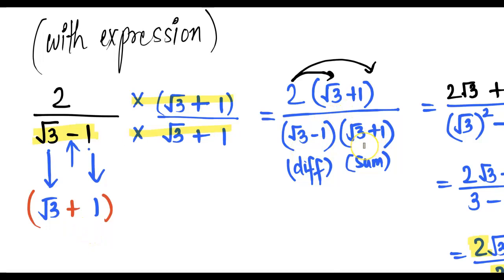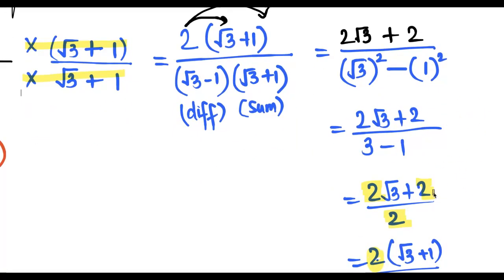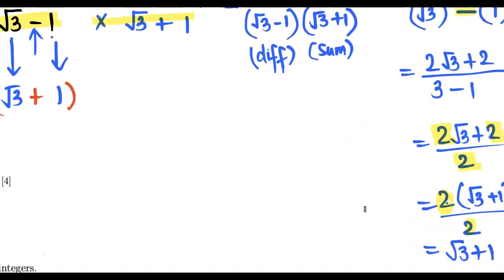At the bottom, you're going to get the difference of squares method used, and the top will be simple expansion. So the square root of 3, if we square that, we get 3. The square of 1 is 1 only. That gives us 2, and we simplified it more to get the answer.